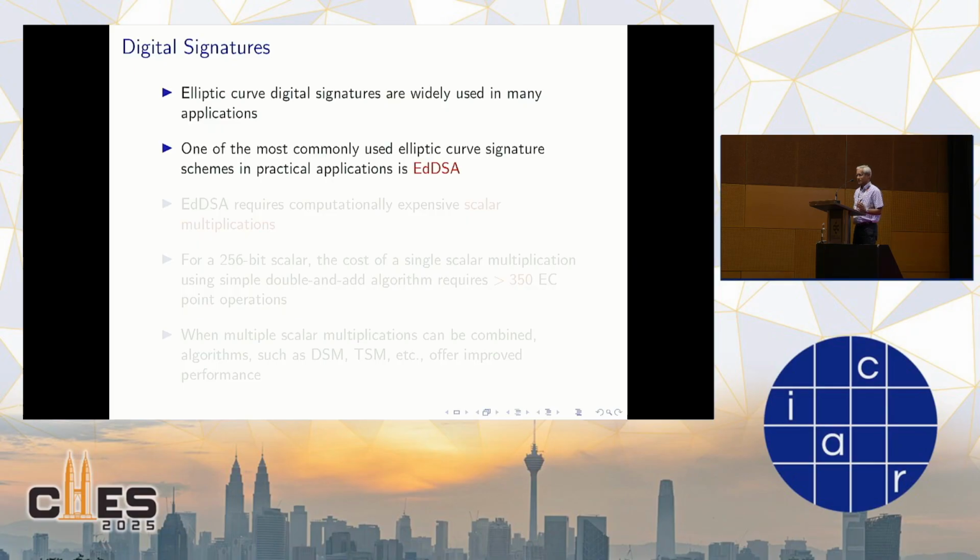Notable applications these days are blockchains: EdDSA can be found, for example, in Ripple's XRP, and ECDSA is used in Bitcoin and Ethereum. One of the most commonly used elliptic curve signatures in practical applications is EdDSA. There are some advantages of using EdDSA over its counterpart ECDSA, which is a bit older.